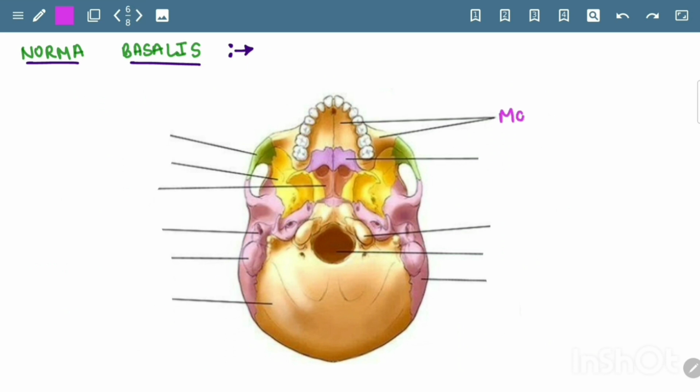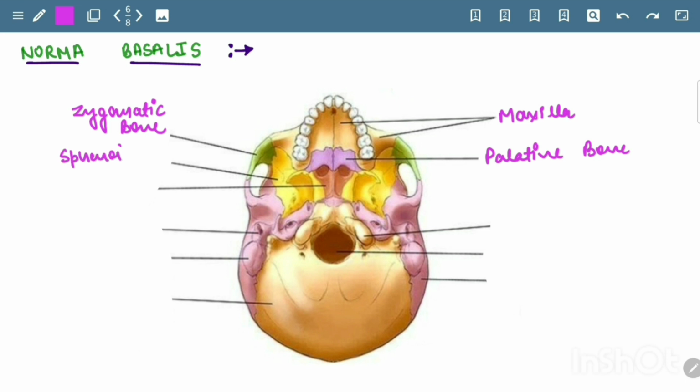Okay, this is norma basalis, when we view our skull from the basal surface. So this one is maxilla, this is palatine bone, green is zygomatic bone. This yellow one is sphenoid. This one is vomer. This is external auditory canal.